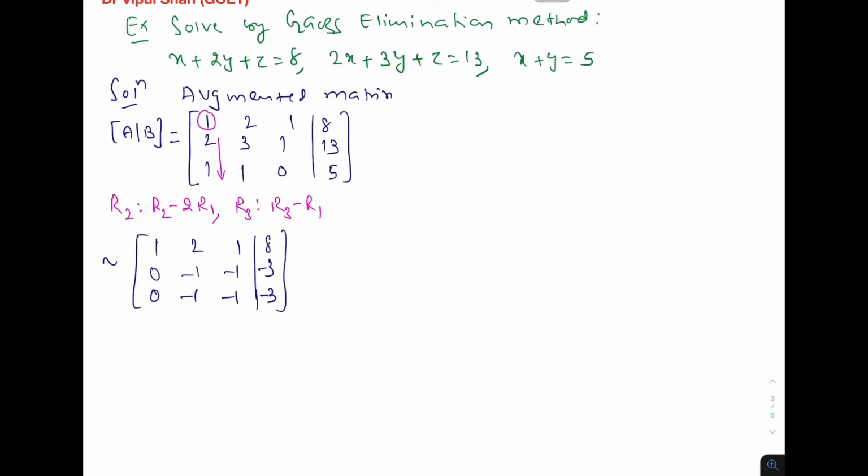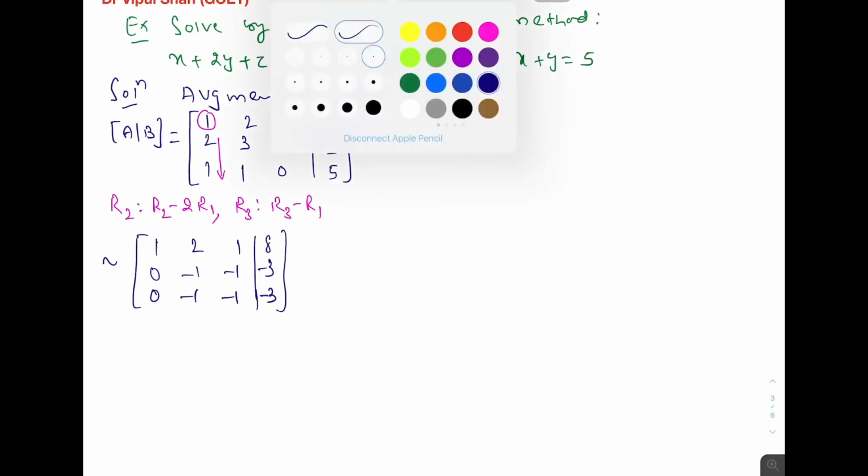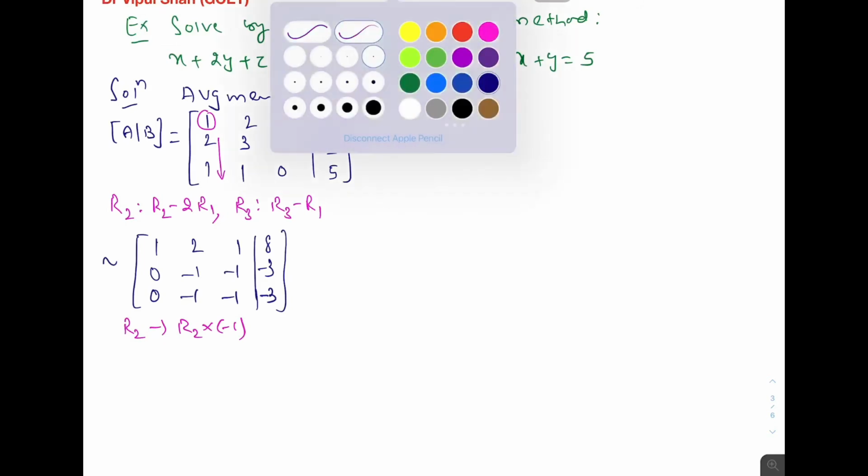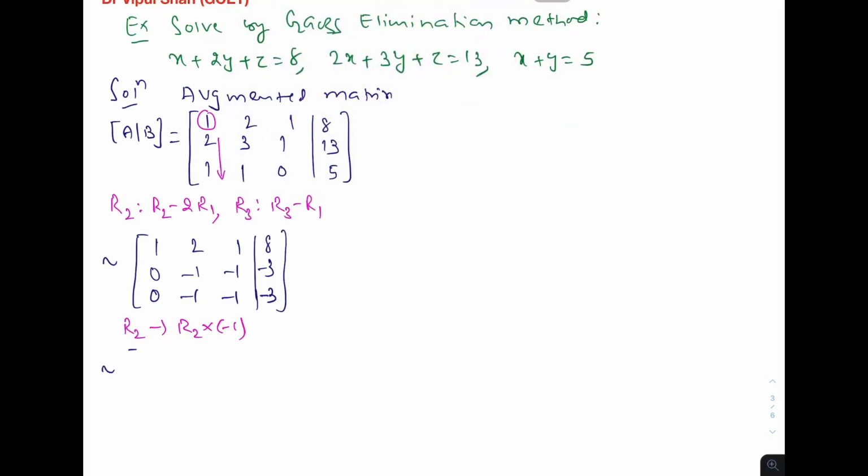Okay, now we can make this entry 1 just by multiplying with minus 1. So let us do R2 into minus 1, and so that's now 1 2 1 8, 0 1 1 3, 0 minus 1 minus 1 minus 3.